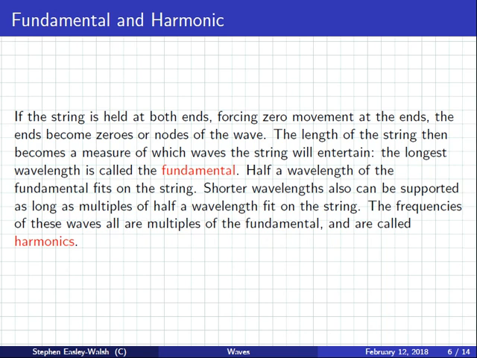I think there's another word which we don't use called overtones. I think they're one out of sync, so I don't think the first overtone is the same thing as the first harmonic. I think they're off by one. But anyway, it doesn't matter because we don't use overtones in the exam. We just use the word harmonic. So first, second, third harmonic.